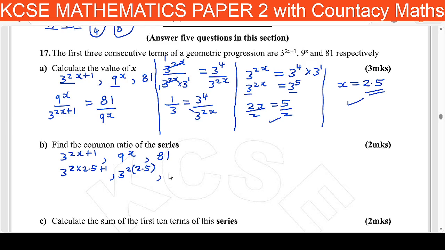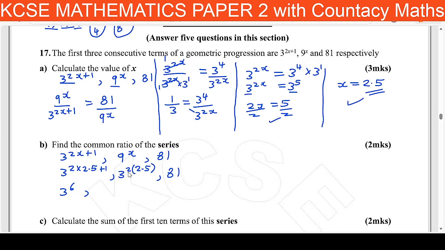And finally here, 81, that's already a number without any variable. So finally what we do here is that we complete the simplifying part. Therefore we are going to get 3, and then we have 2 multiplied by 2.5, that is going to give us a 5. 5 plus 1, that's going to give us a 6.